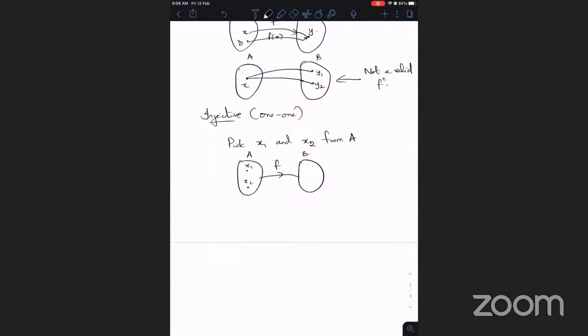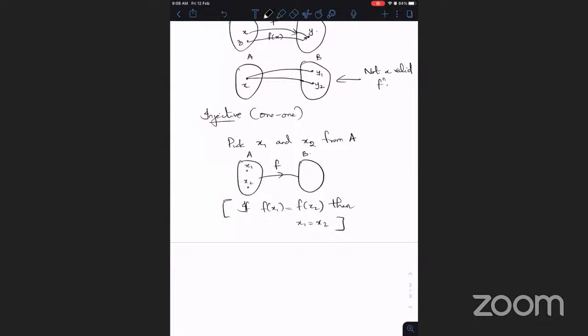So if the function f is one-to-one or injective, then it should be the case that if f of x1 is equal to f of x2, then x1 equals x2.